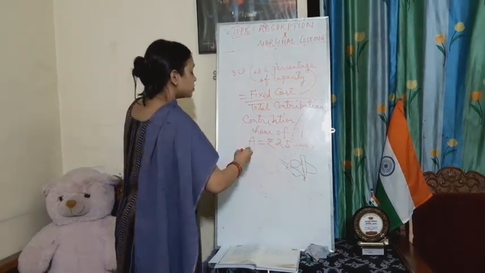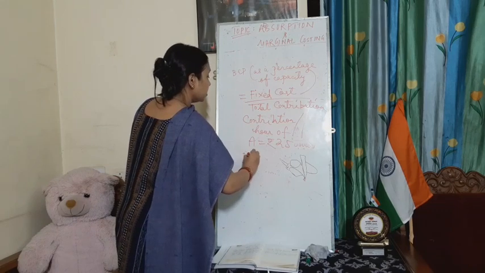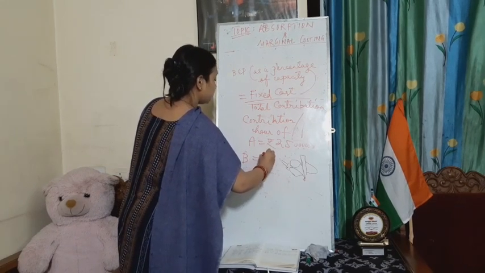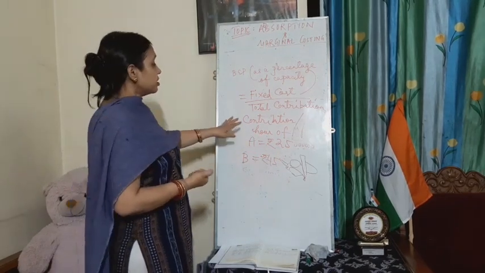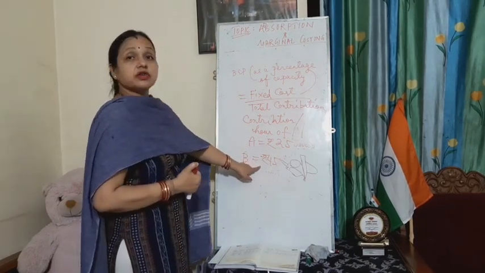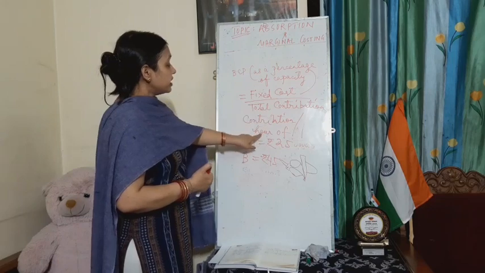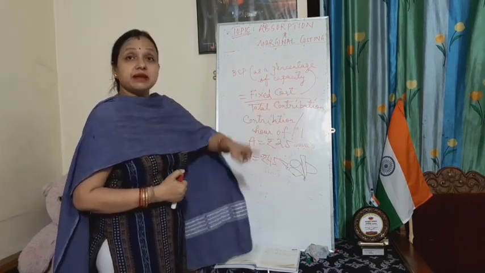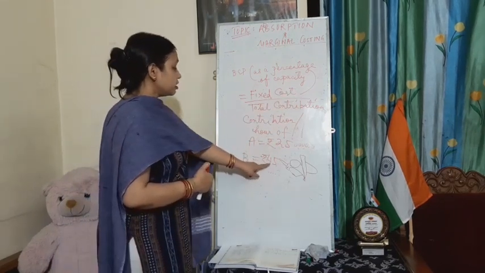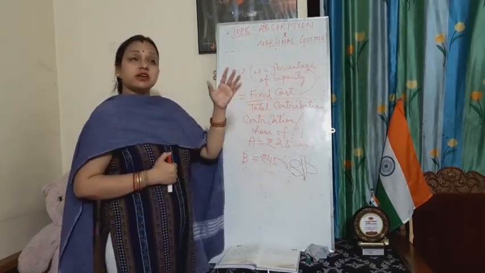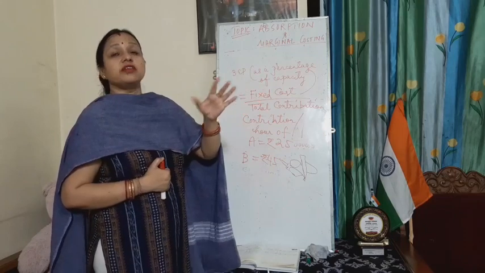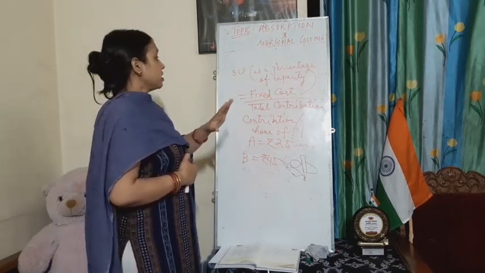Suppose the contribution per hour of product B comes to rupees 45. So definitely we should select product B, because contribution per limiting factor, here labor hours, is higher in case of product B. That is the criterion for selection of products whenever contribution is being used.